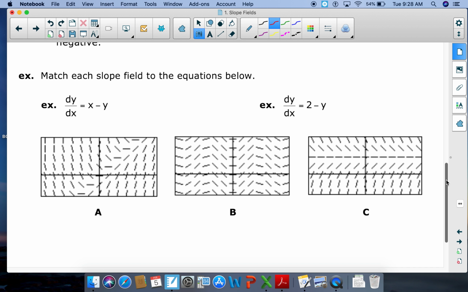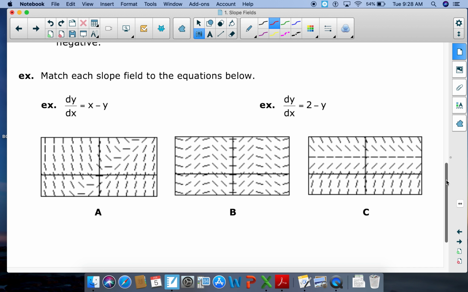No. If I go across, are all my slopes the same? No. Which means this is in terms of x and y. Is there consistency left to right or up to down? Okay. Up to down? Oh yeah, there it is. So that means this is in terms of x only. So up, down is x.